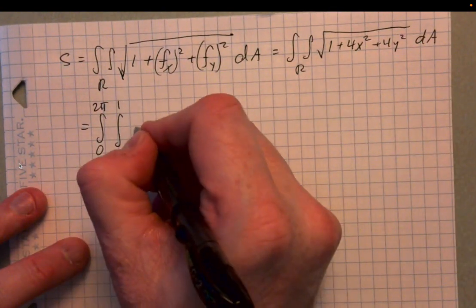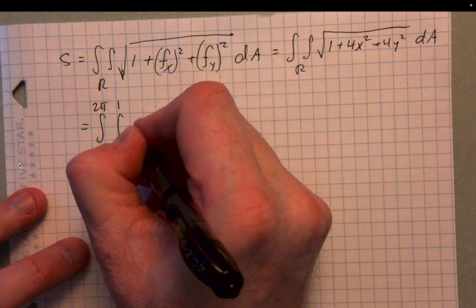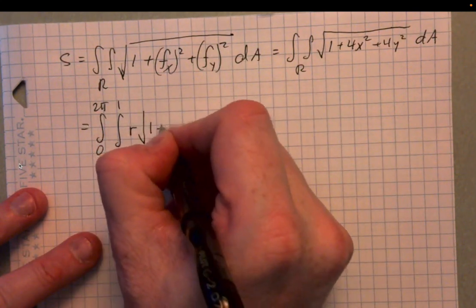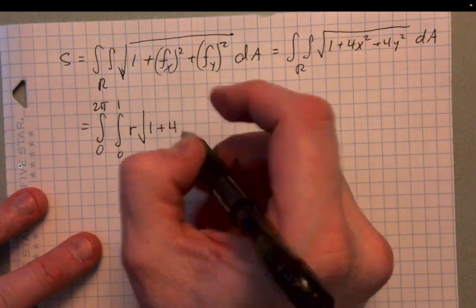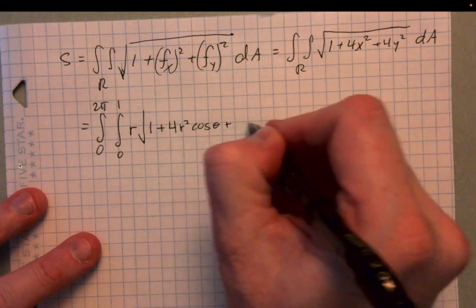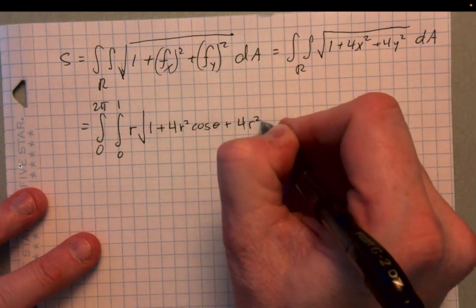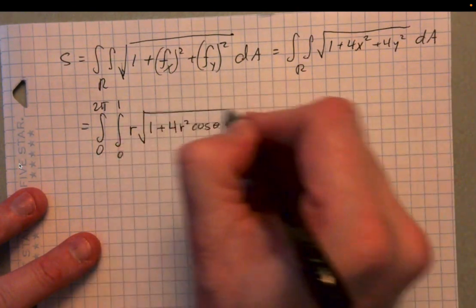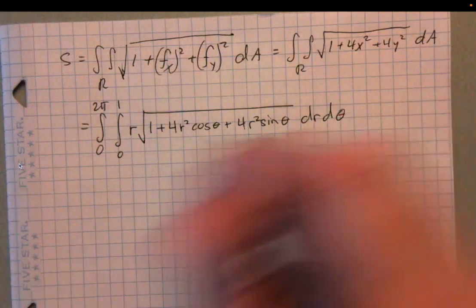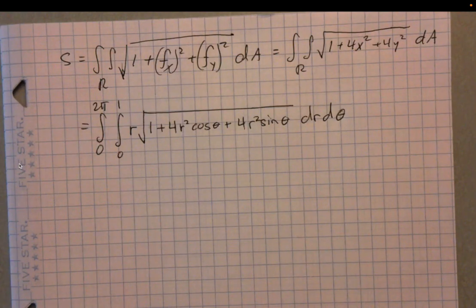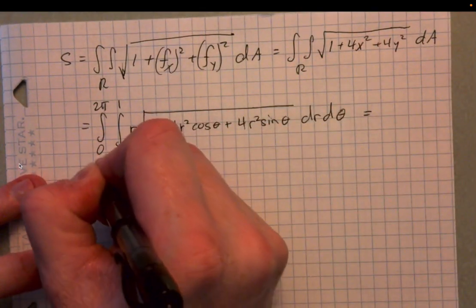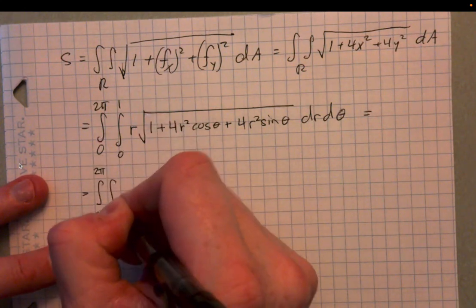And then the function will be changed into, remember we have to toss in an r factor, so just do that up front. So it's going to be 1 plus 4 times r squared cos theta plus 4 times r squared sine theta. And then it's dr d theta. Okay. And we can simplify this before we start trying to integrate it.